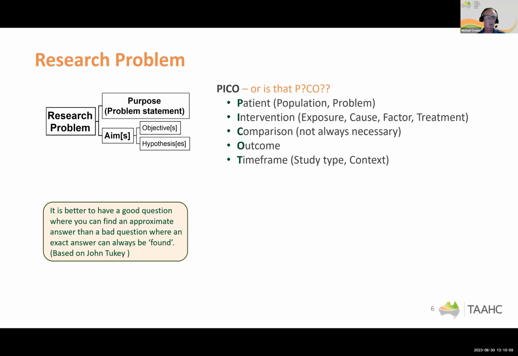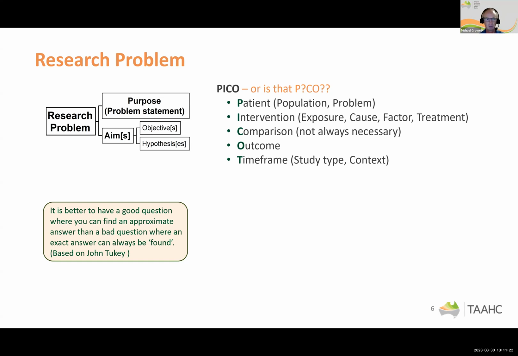All right, so the research problem is usually broken up to what is the purpose of the research, or what is the problem statement. One of the great things about research methods is that there are several ways to say the exact same thing, and some people use the same words to mean something completely different to what you know.